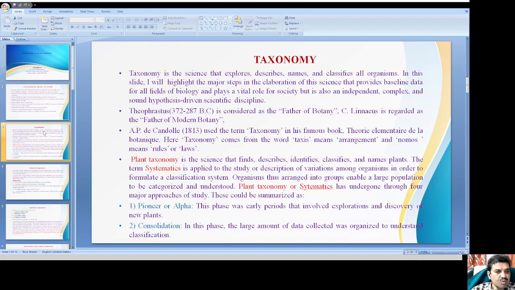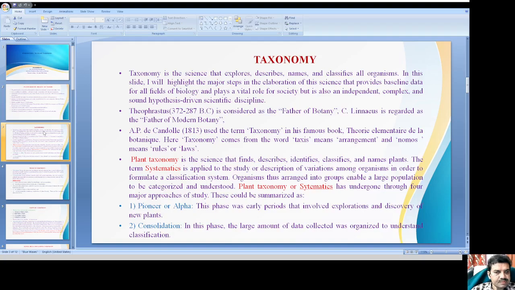And this discipline has not started just one year or 100 years ago. Rather, the identification and classification of plants started before Christ, and Theophrastus, who is called the father of botany, first laid the foundation of this science.